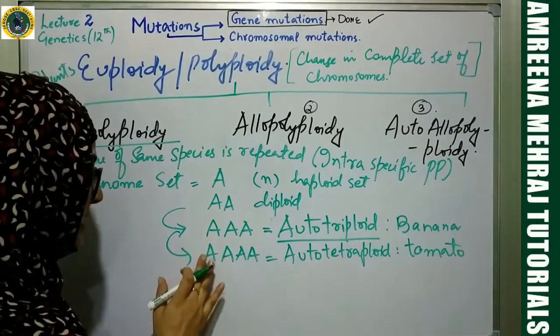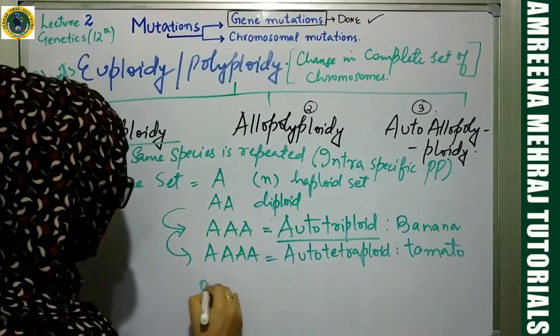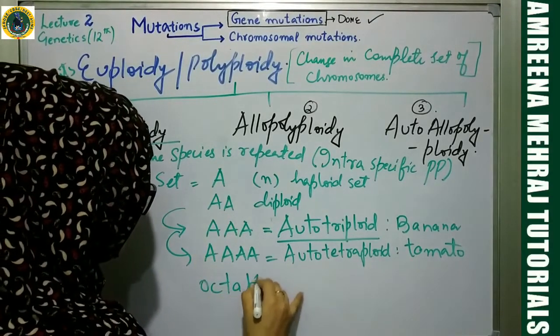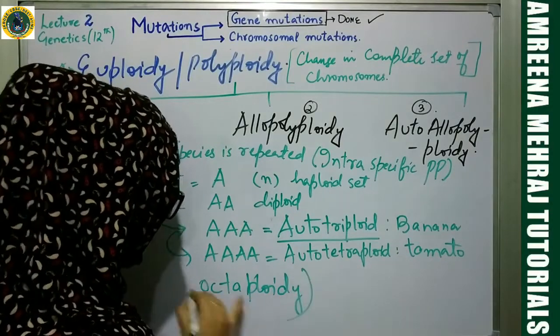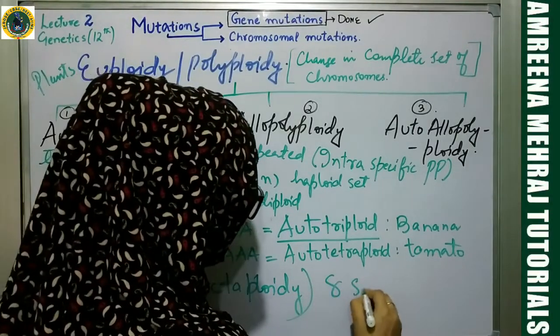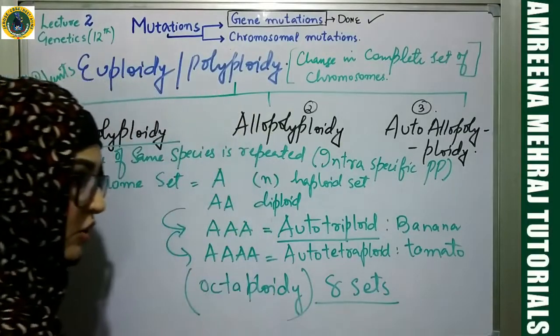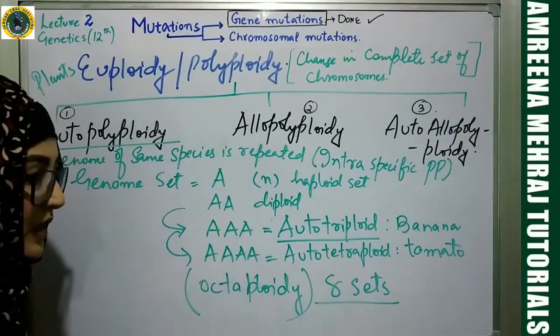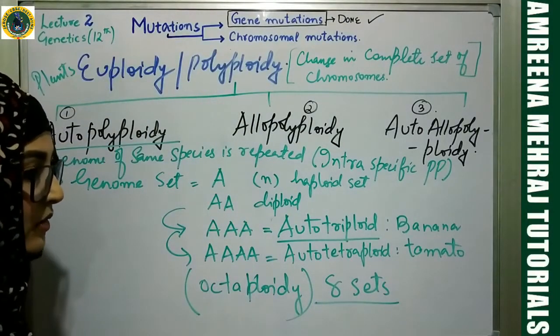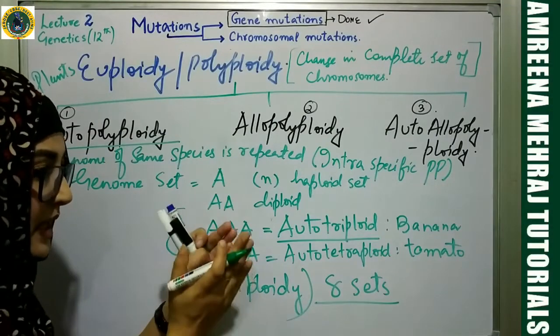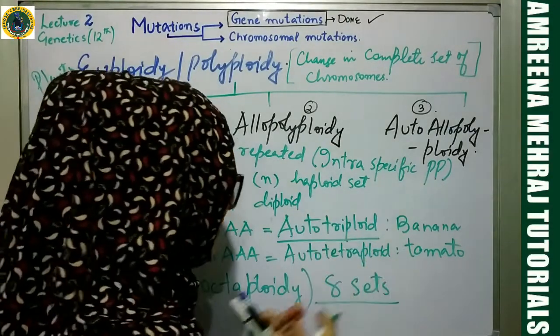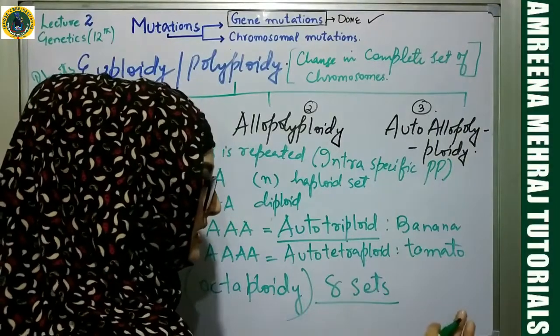Either 2 copies, 3 copies, maximum it can go to octoploidy, when an organism will have 8 sets. Beyond this, the lethal genes increase in number, and the plant is not able to survive. So beyond this, you will not see any organism.